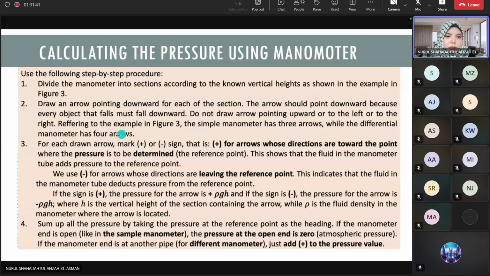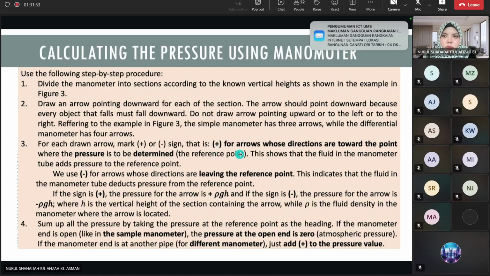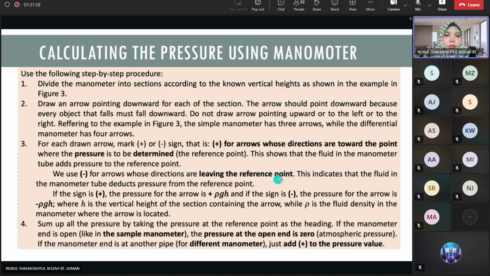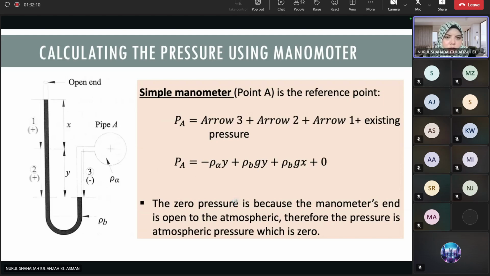For each arrow, mark plus or negative signs. Plus is for an arrow whose direction is towards the point where the pressure is to be determined, and negative is for a direction leaving the reference point. You can just read it later. For easier understanding, I think we can try some exercises.